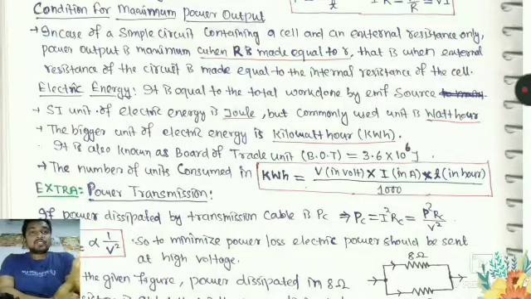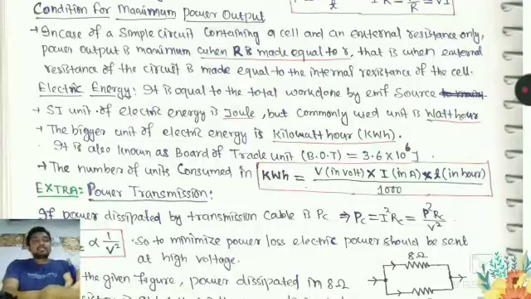Okay, this is what is the condition for maximum power output. In case of a simple circuit containing a cell and an external resistance only, power output is maximum when capital R is made equal to small r. Capital R is the external resistance, and small r is the internal resistance, that is, when the external resistance of the circuit is made equal to the internal resistance of the cell. Okay, electric energy is equal to the total work done by the EMF source.